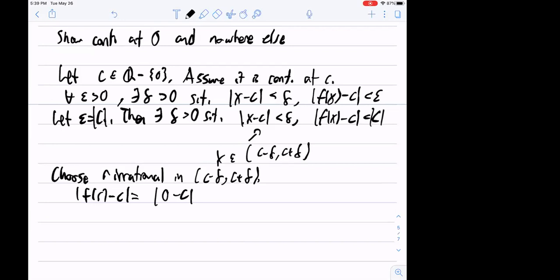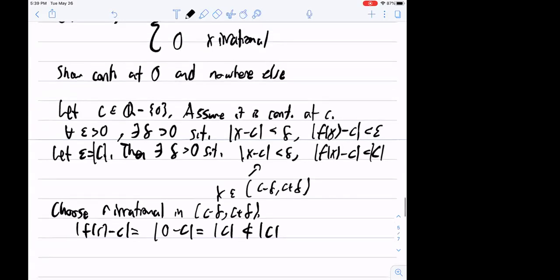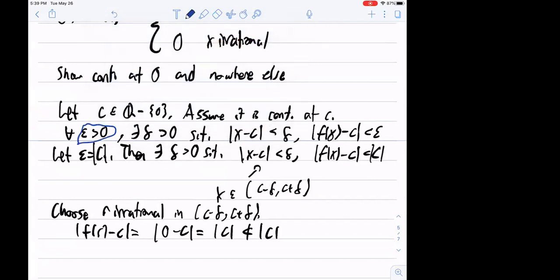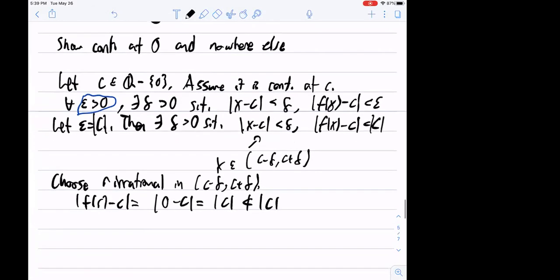So this is the absolute value of c, which is not less than the absolute value of c. The reason I did this is because epsilon has to be bigger than 0, so I have to take the absolute value. Other than that, hopefully it's clear. So that's the easy part.